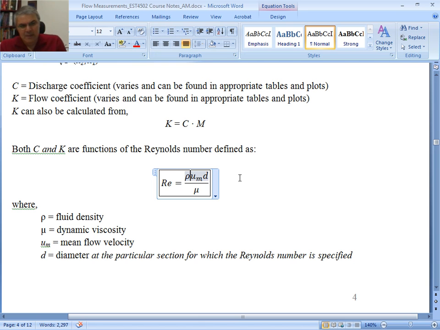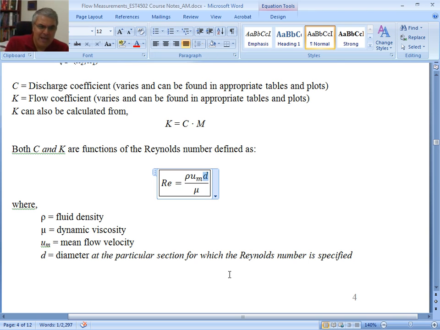There are many mistakes associated with calculating the Reynolds number, and that is simply associated with D, because it's very important to realize that the Reynolds number is calculated for the particular section for which it is specified, because it varies.